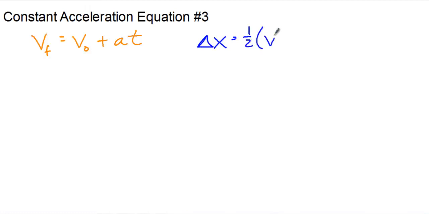Big equation number 3 occurs when those first two equations are combined together. So let's write those out just to make sure that we have them. Vf equals v naught plus at, and delta x is 1/2 v naught plus vf times t. Okay?